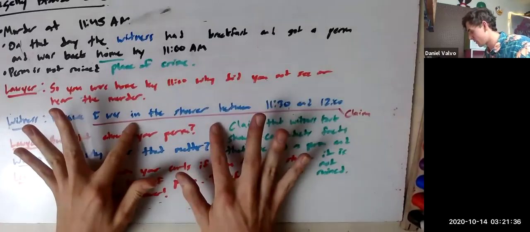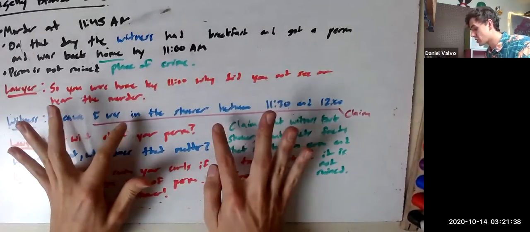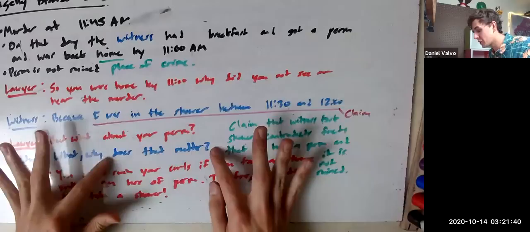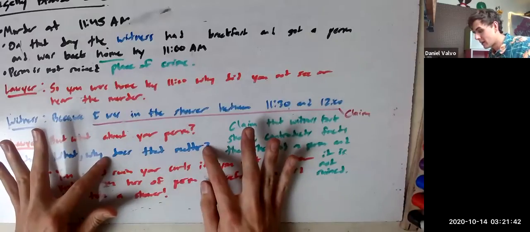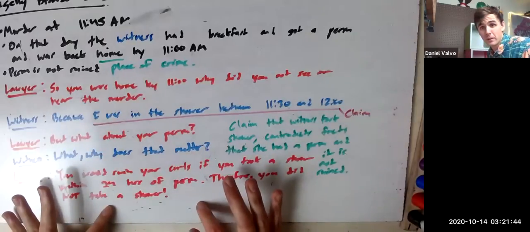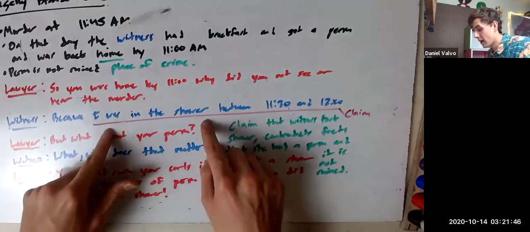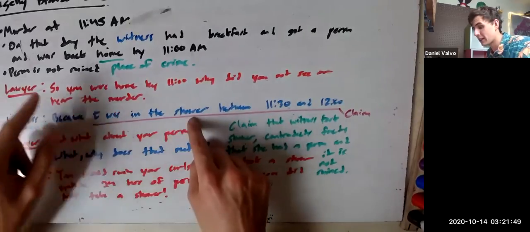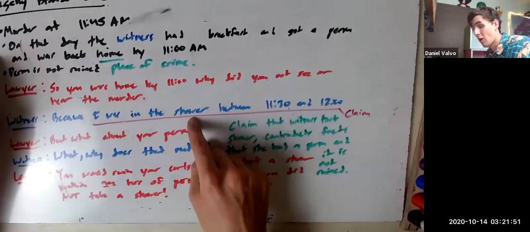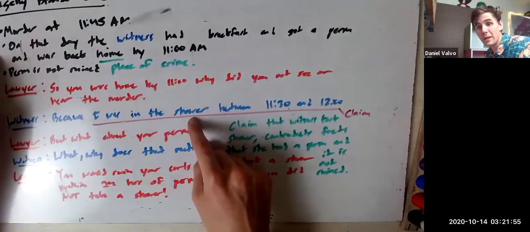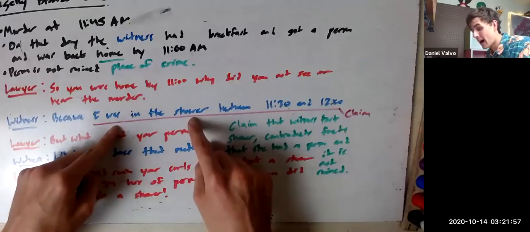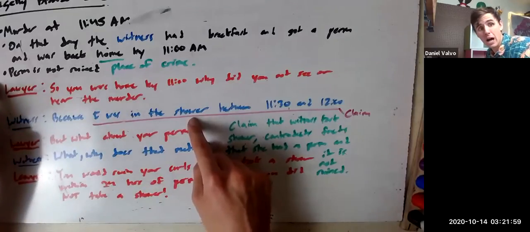And then show that that logically leads to something that's false, right? And so if you combine this claim with the fact that the witness had a perm before 11 a.m., that logically leads to the perm being ruined. But that contradicts the direct fact that the perm is not ruined, right?